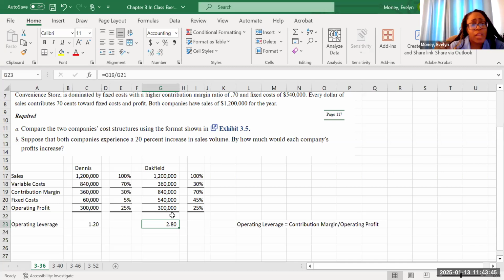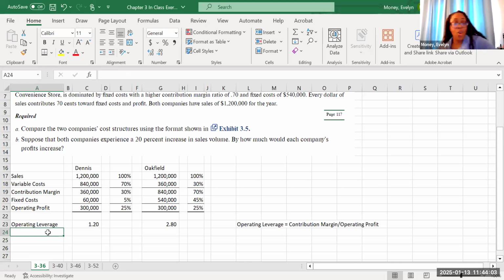But if you look at a store like Walmart, with all the retail items that they're dealing with, they have more variable costs. So if they have an uptick in sales, yeah, their profits will increase, but it definitely won't be as much as the same percentage increase for a utility company.